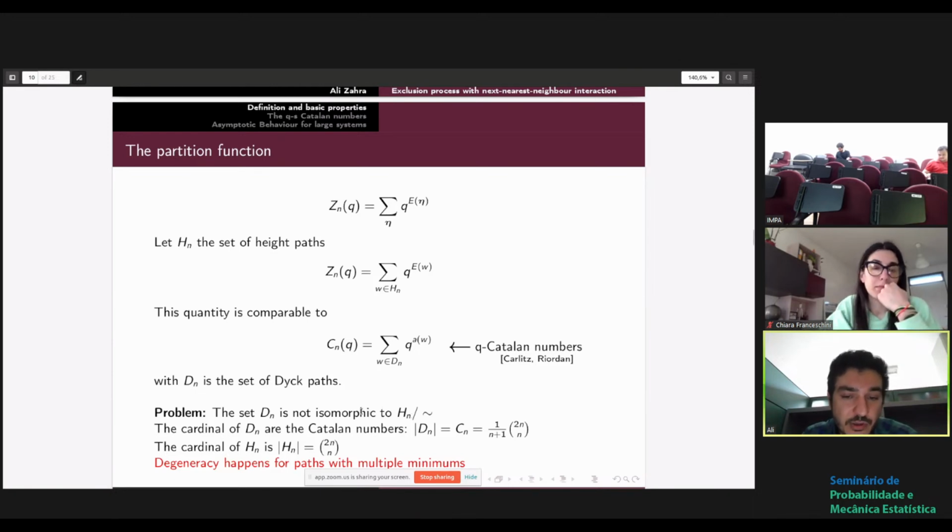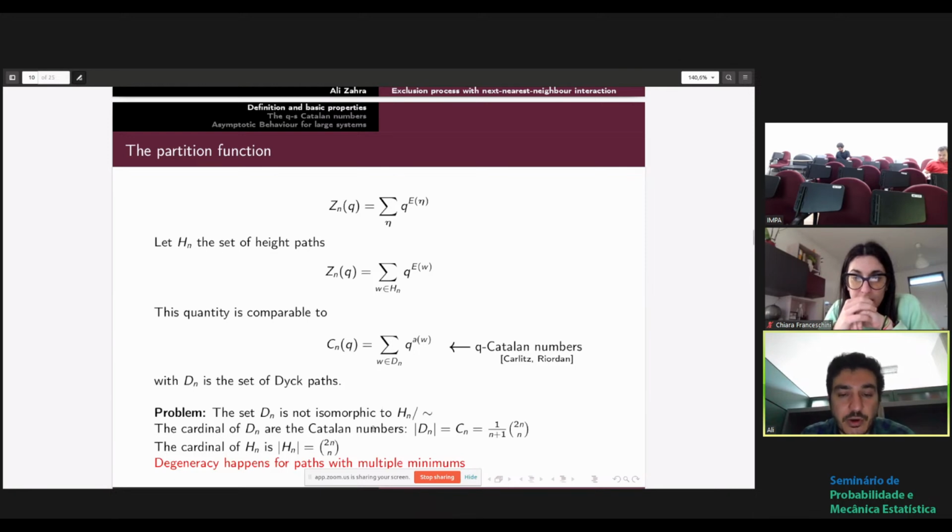So again, there is no bijection between these two sets, and the problem appears especially for paths with multiple minimums. So somehow we need to keep track of these multiple minimums. You can, if you want to, say there is a degeneracy for these paths.